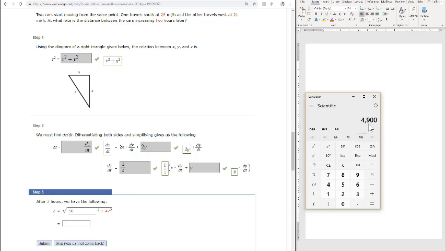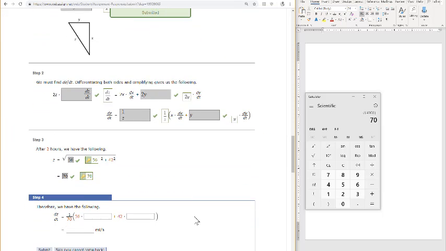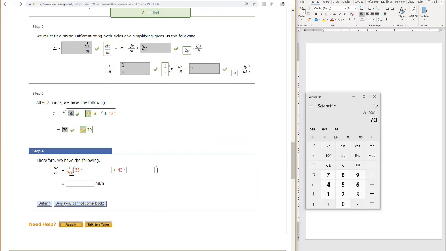So that's a total of 4,900, and we're going to take the square root of that, and that's a nice even number, 70. So we don't have to worry about decimals or fractions or weird square roots. And so we have z is equal to 70.